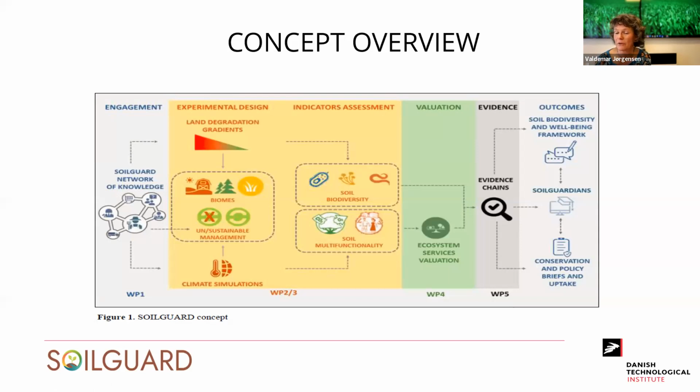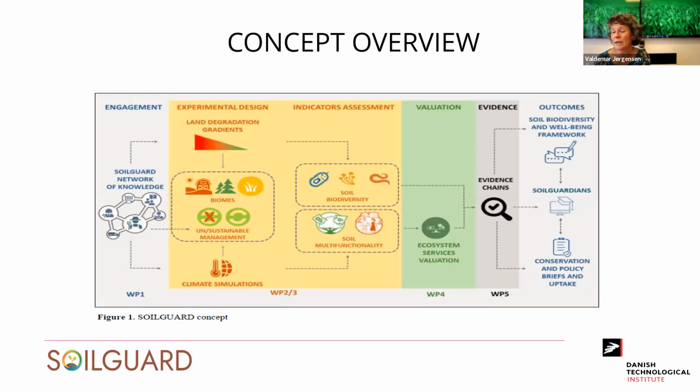What cascade effects will be initiated if you change from an annual crop to a perennial crop, or all these things that we can change? What effects will it have? And thus it all combines to some outcomes. The soil biodiversity and well-being framework, it already has started, but it's a holistic approach to try to describe how all these different aspects are interlinked.